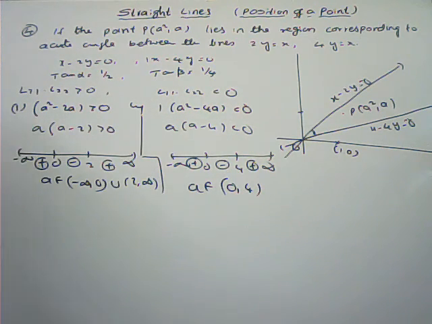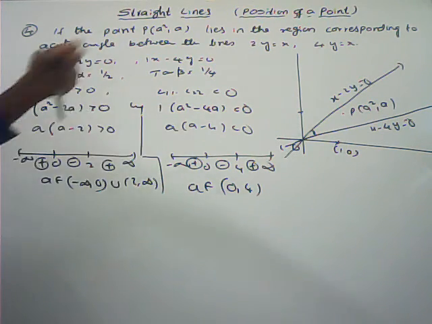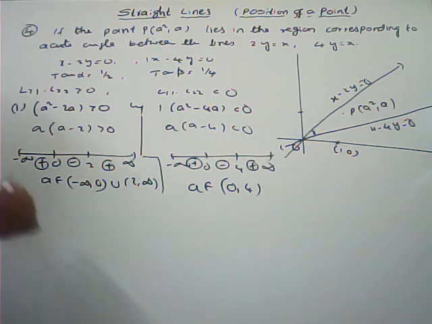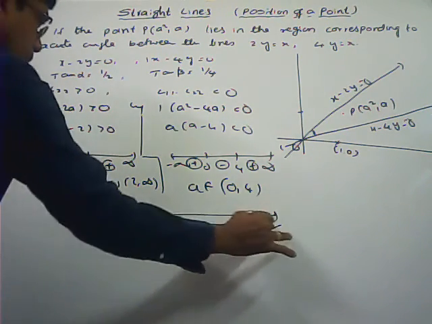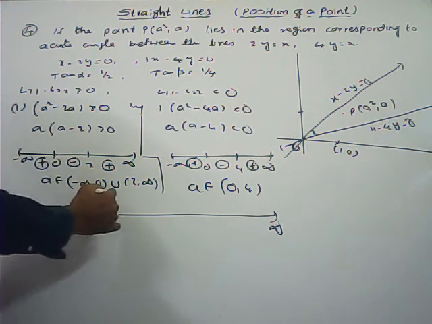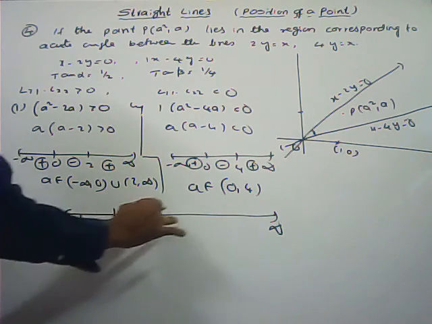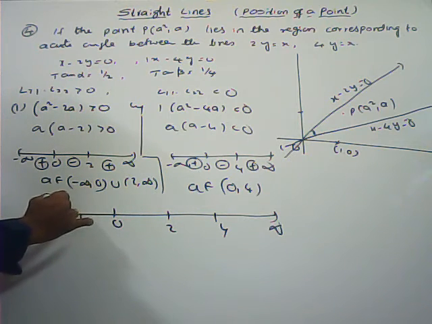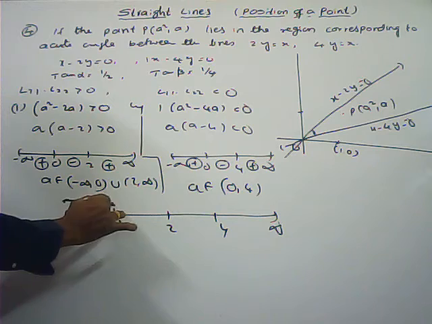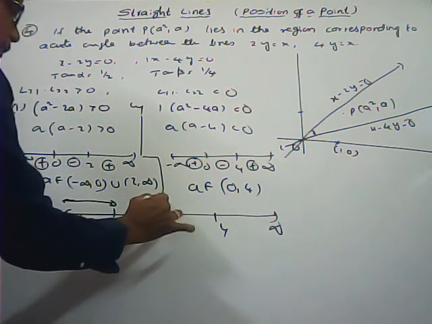So it considers the negative interval. See, all these values satisfy this inequality, and all these values satisfy that inequality. What are the common values that satisfy both inequalities? The first inequality region is minus infinity to 0 union 2 to infinity.